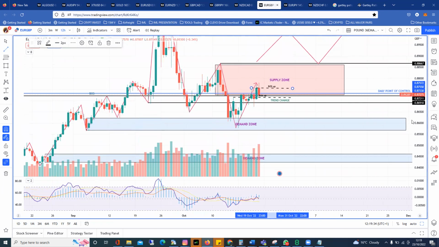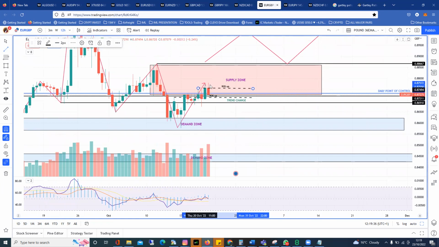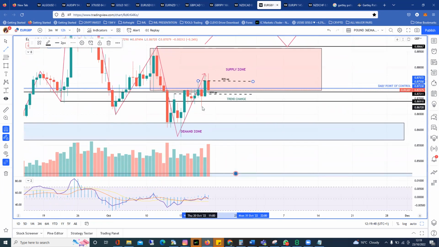Then we continue to move slowly inside this supply zone, which should act as a deterrent for price to move. So what we're looking for is, if price is able to break this low now, then everything is over.